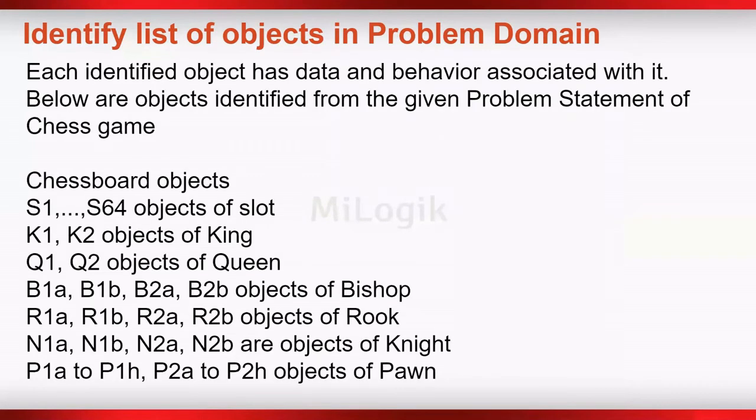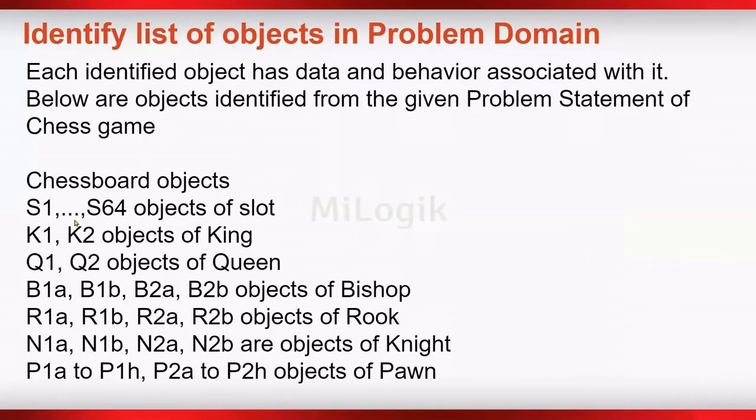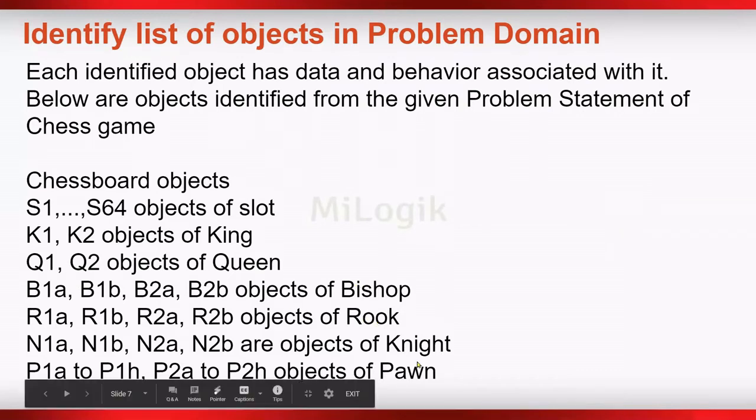So let us see the list of objects which we have just identified in our domain. The chessboard itself is an object, and all these slots S1 to S64, each one of them is one object. Then the kings K1, K2 are objects, Q1, Q2, and bishops, rooks, knights, pawns, etc. All these are objects.